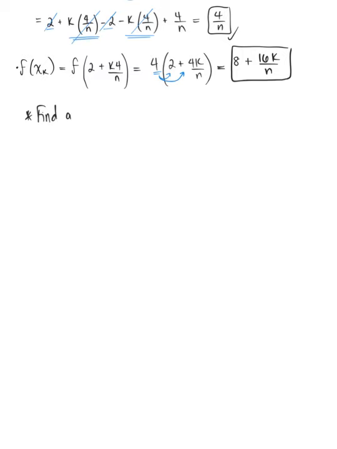Find a formula for Riemann sum and simplify it using the algebraic properties of finite sums so that we can apply the limiting process.